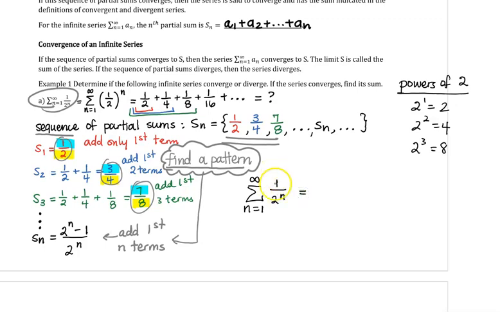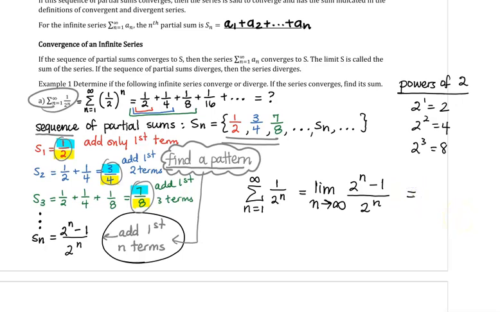What happens when we add up all of the infinite terms will be the same thing as when n goes to infinity if we had added up the first n terms. When we add up the first n terms, we get 2 to the n minus 1 over 2 to the n. So if we can evaluate this limit, then we know what the sum is equal to.